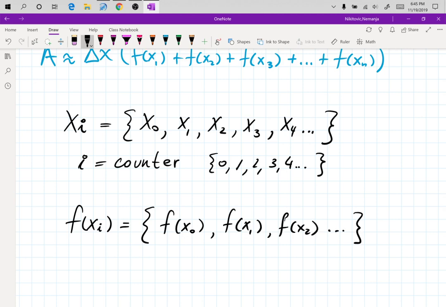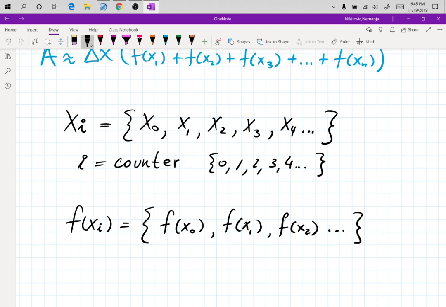This I is just the counter, and when you go to the next member of the set, you just change that counter from 0 to 1, from 1 to 2, from 2 to 3. It's just counting 0, 1, 2, 3, 4, 5. This is all ordered using what is going to be called a sequence in Calc 2, but we'll get there.